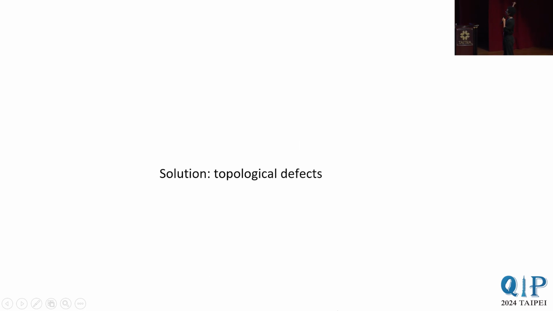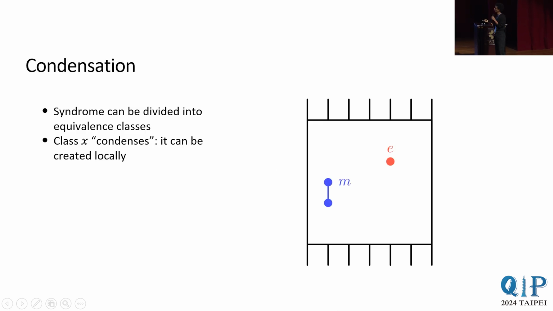To solve these issues, we're going to use the language of topological defects. And to talk about topological defects, I'm going to talk a little bit about condensation. For the surface code, it's quite well known that its syndrome, the record of the measurements that are violated, can be divided into equivalence classes. The notion of equivalence that we use is that a class of syndrome condenses if it can be created by a local operator.